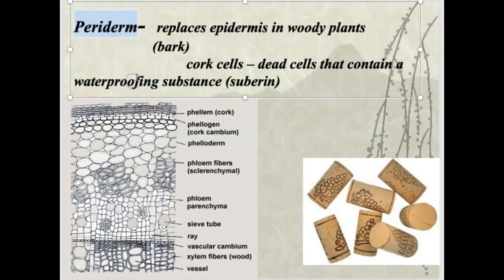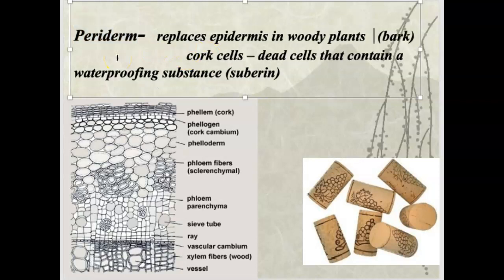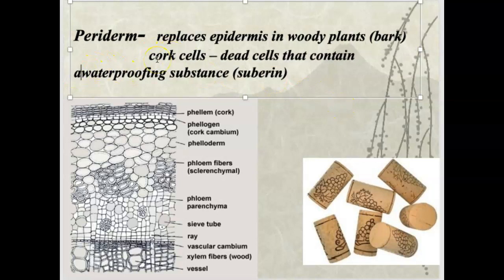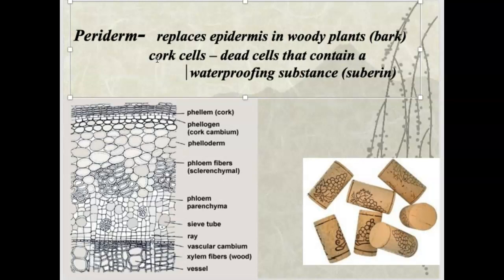So you have a layer of dead cells there in the bark and a waterproofing layer. It's hopefully going to trap moisture within your tissue and your cells.